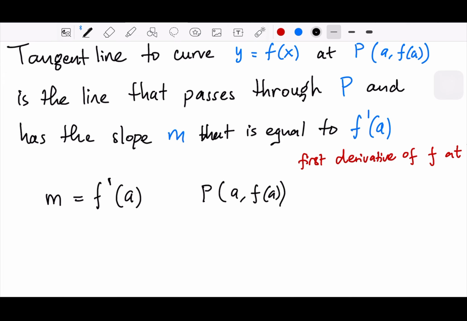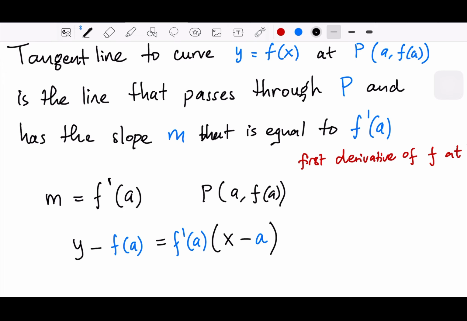Then if you write the linear equation, we can rewrite it as y minus f of a equals f prime a, and then x minus a. So to find the line equation, at least you need the slope and the point. The point a, f of a.